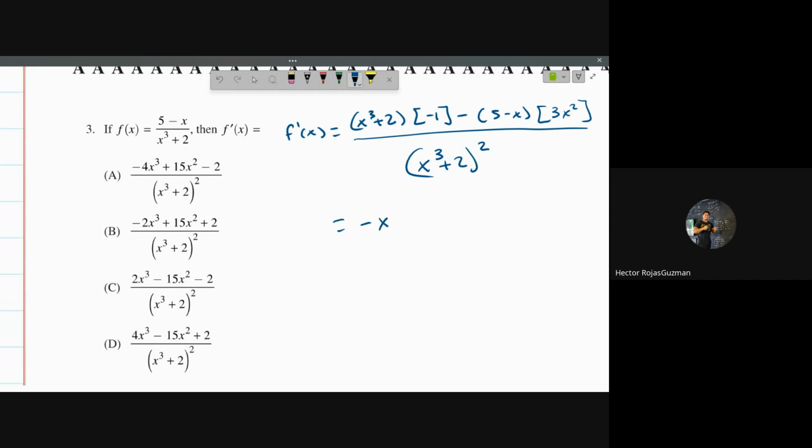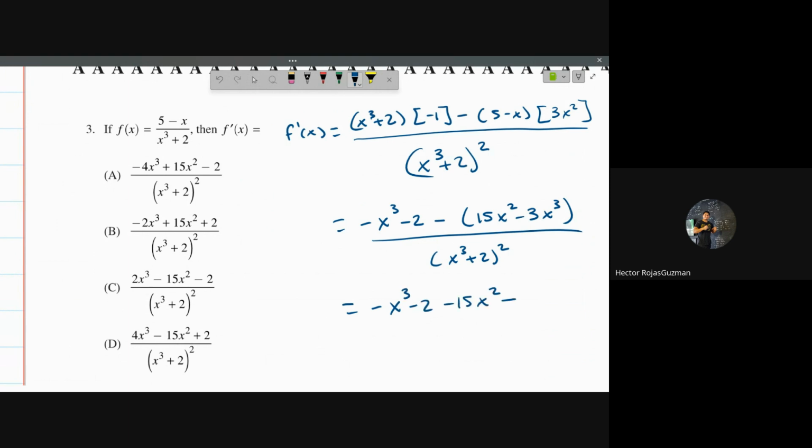So we have negative x to the power of 3 minus 2 minus, multiplying the two polynomials, we get 15x to the power of 2 minus 3x to the power of 3 divided by our common denominator. Well, by our only denominator. We can then go ahead and distribute the negative, divided by our denominator.